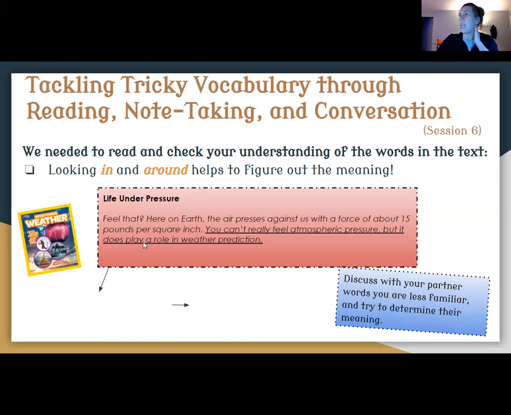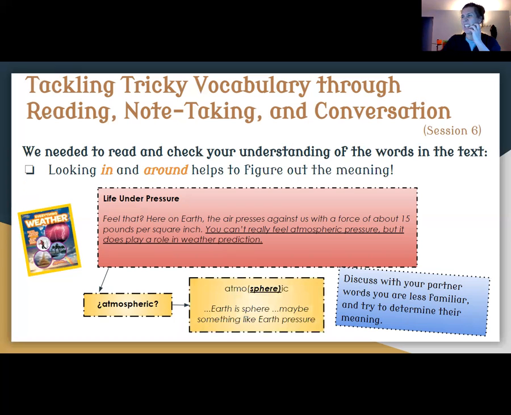So it continues to say, you really can't feel atmospheric pressure, but it does play a role in weather prediction. So atmospheric, that's another big word that I'm not sure of. So I'm wondering what atmospheric might mean. I see in the word atmospheric the word sphere.